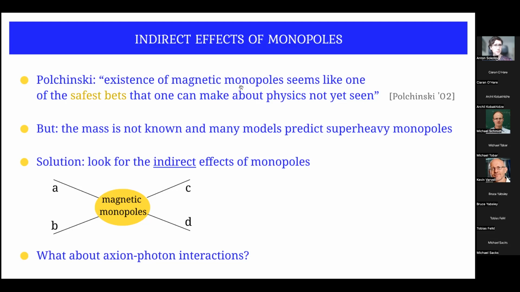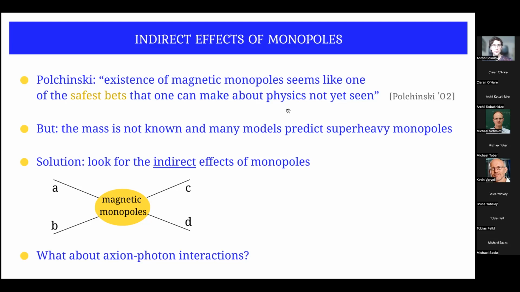Polchinski said that the existence of magnetic monopoles seems like one of the safest bets that one can make about physics not yet seen. This is connected to the quantization of charge problem, and to the fact that in any consistent quantum gravity theory, like string theory, monopoles seem to have to arise.